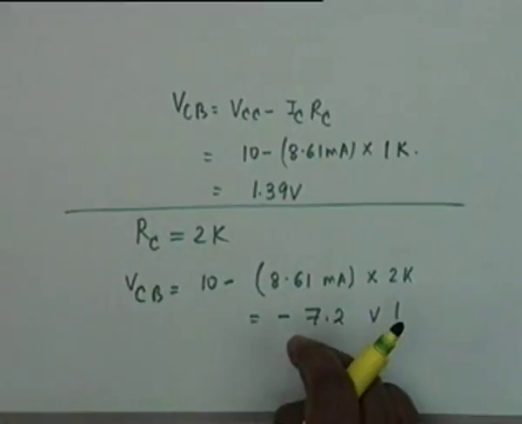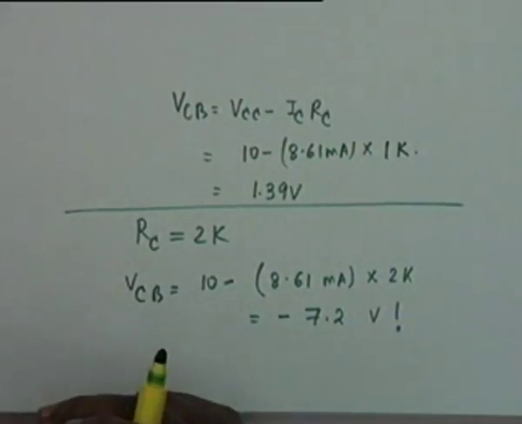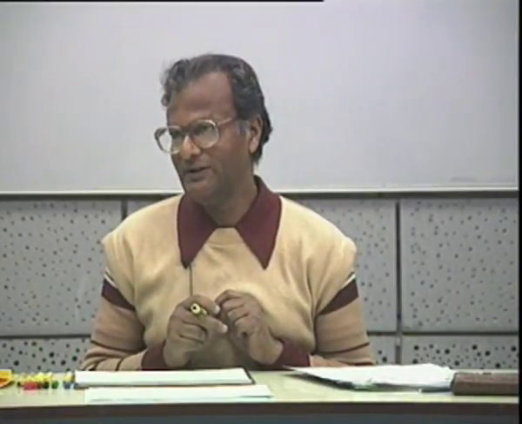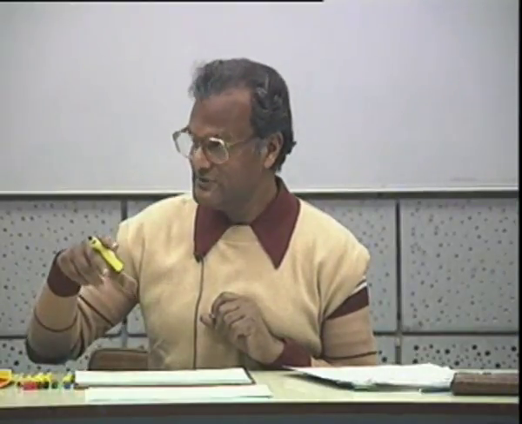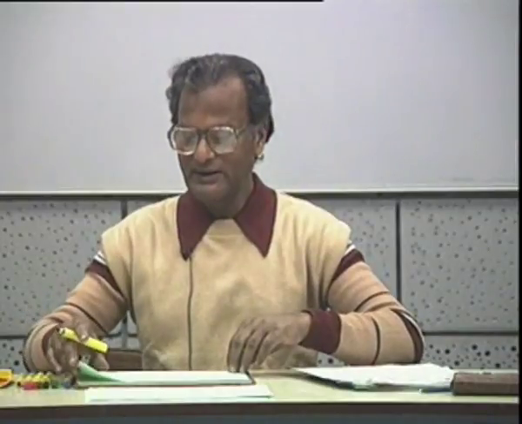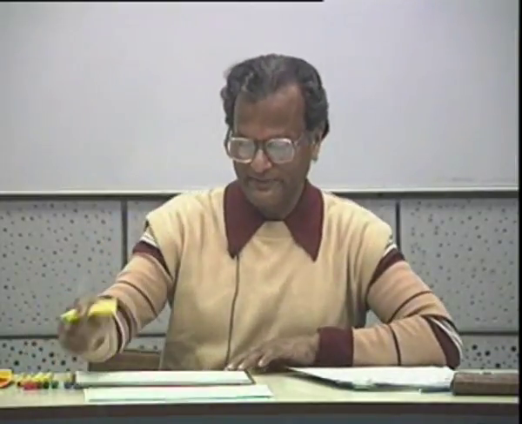It is forward biased, and if it is forward biased, then it cannot exceed 0.7 approximately. Okay. If it is forward biased, VCB we are talking of, not VCE. VCE is approximately 0.2, VCB is actually the junction voltage. So if it is forward biased, let us assume that it is equal to 0.7 volt.